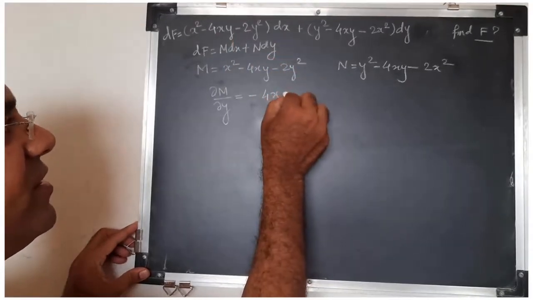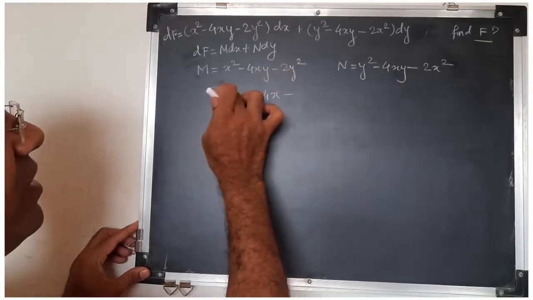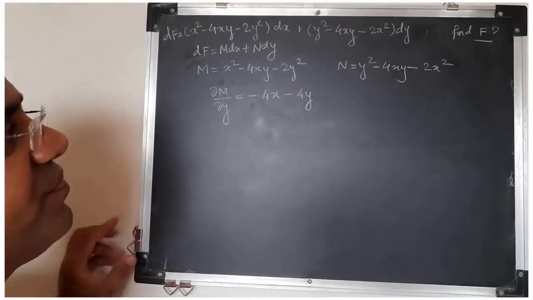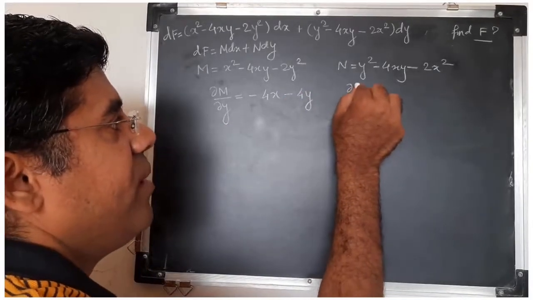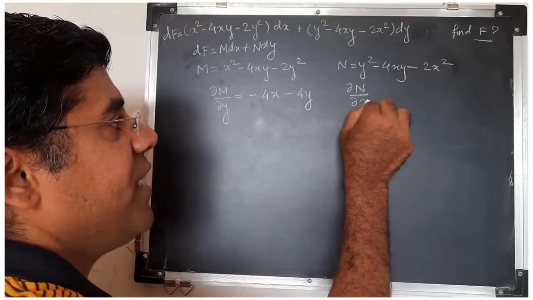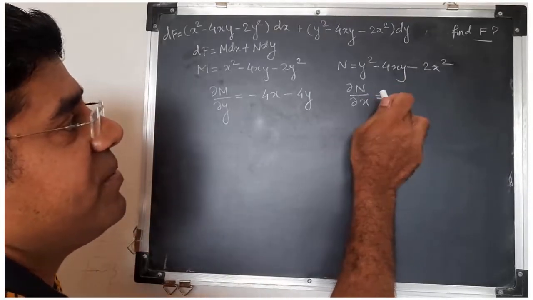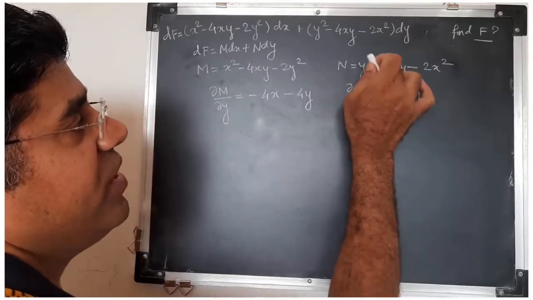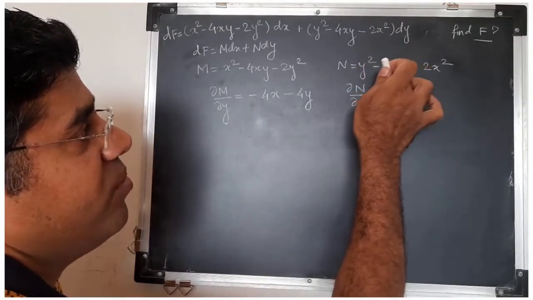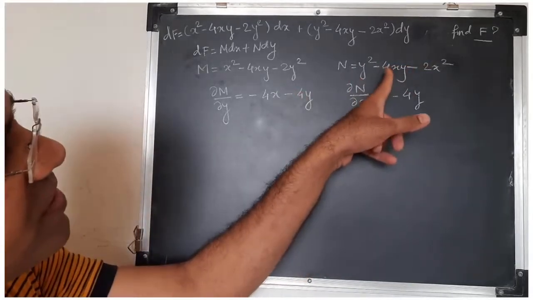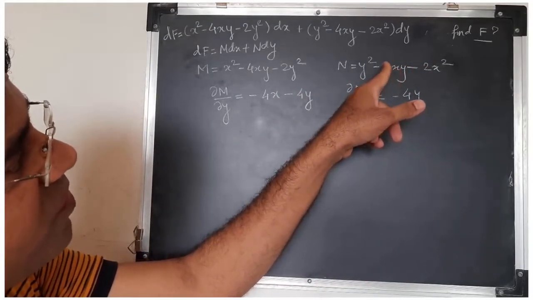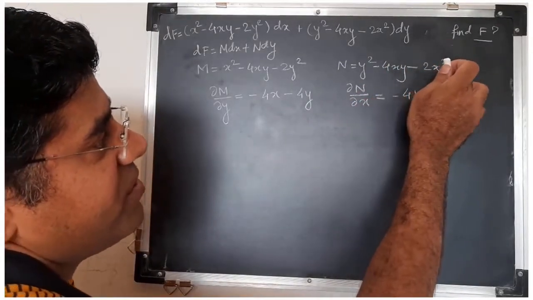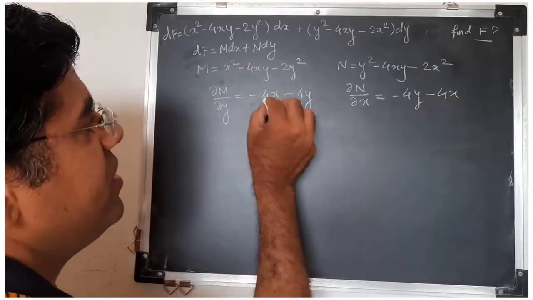So you will get this minus the partial derivative of this term with respect to y, which is nothing but 4y. Now partial N by partial x, this is with respect to x. This term is independent of x, so 0 minus 4y, and with respect to x here is 4x, giving minus 4x. Here also minus 4x.